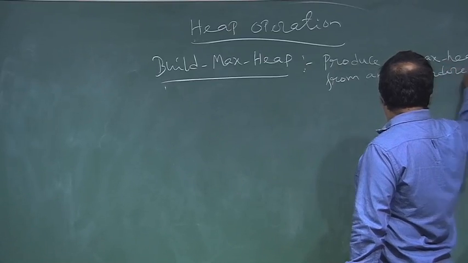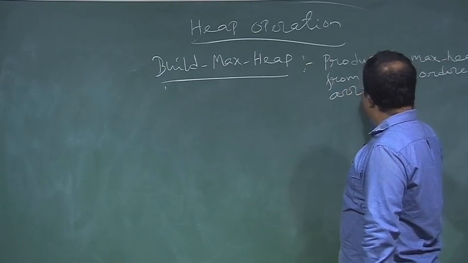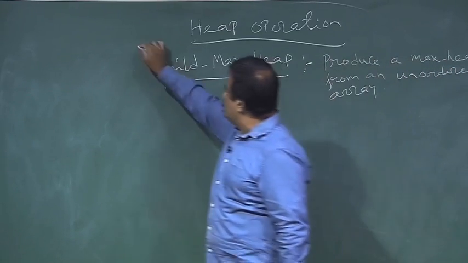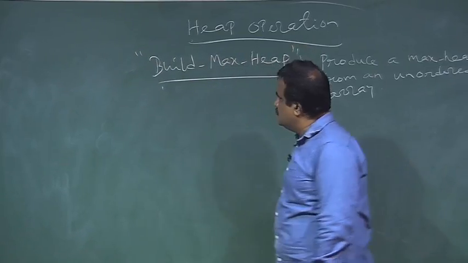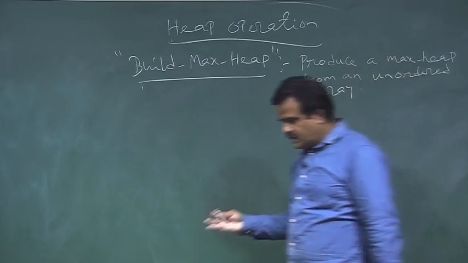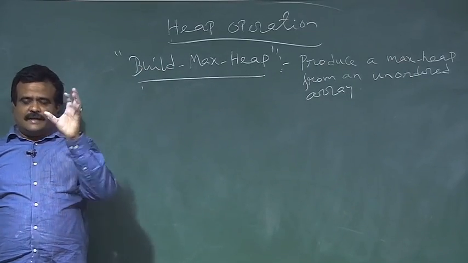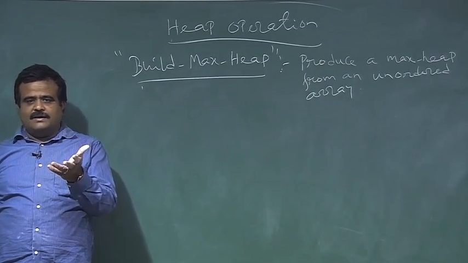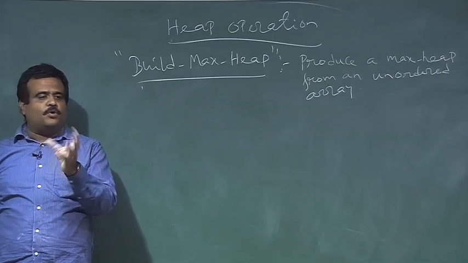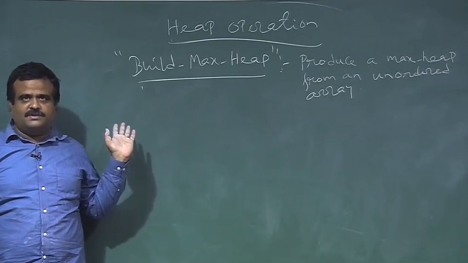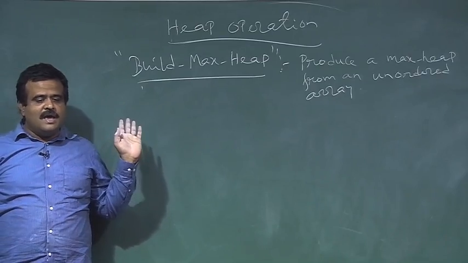We are given an array and we have to make it a max heap array, and that will be done by this subroutine, build max heap. It takes any array as input and produces the max heap array. We will talk about this subroutine.